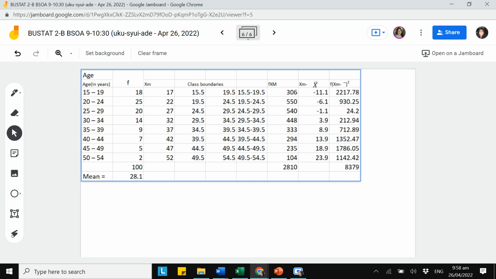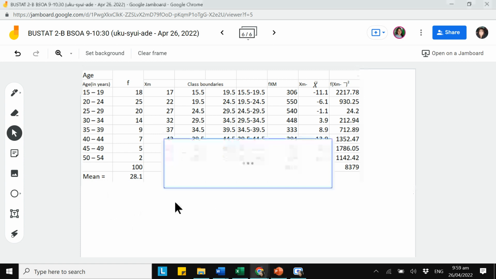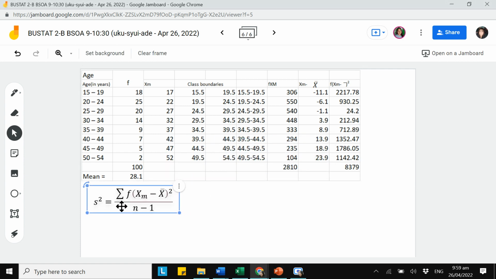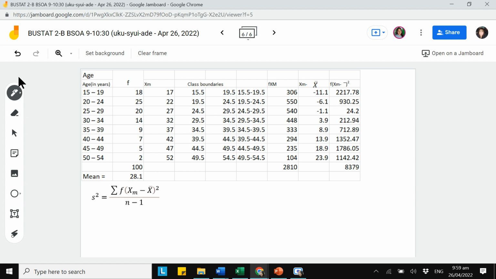Okay? So, let us substitute using the formula that we have for the variance. Okay.